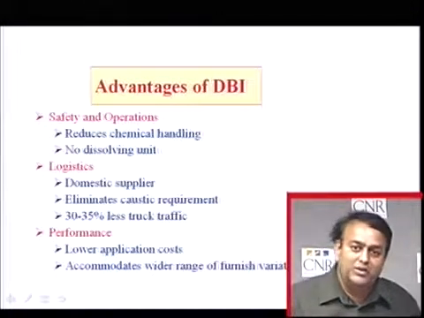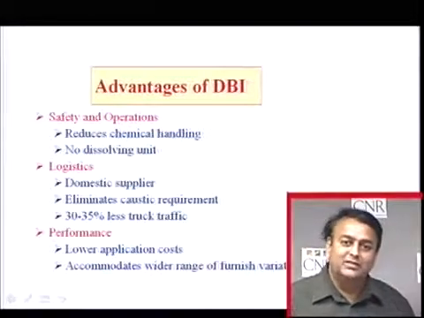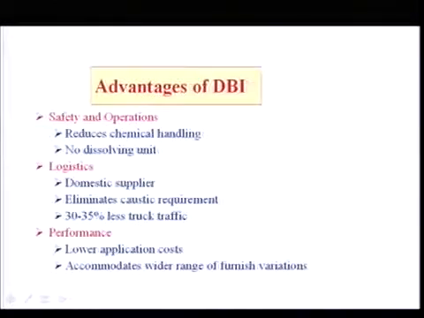This is perceived to be a significant advantage, particularly if your recycle mills are in the city. And performance wise, lower application cost, and because of multiple reductive species available, it accommodates a wider range of furnish fluctuations or variations.